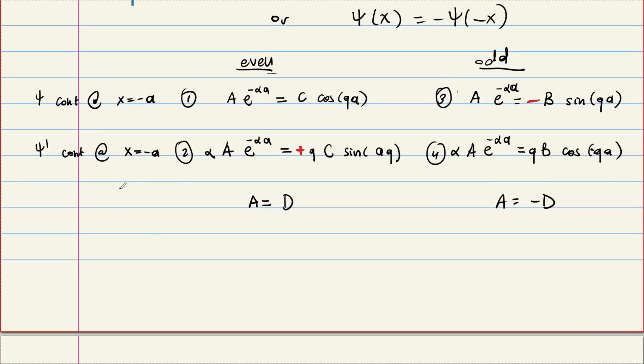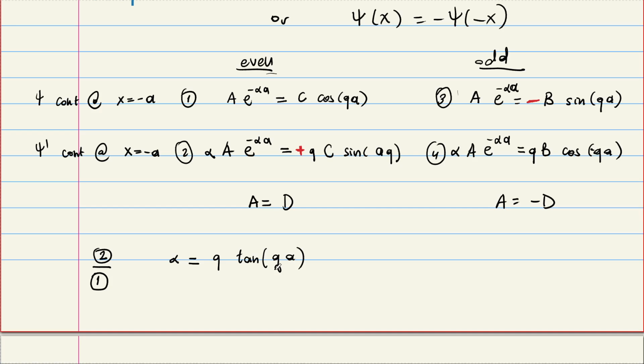So what I will do is I will divide 2 by 1, and this is going to give me, let's see, this factor will cancel, right? I'm going to have alpha is equal to, the c's cancel, q times tangent qa.